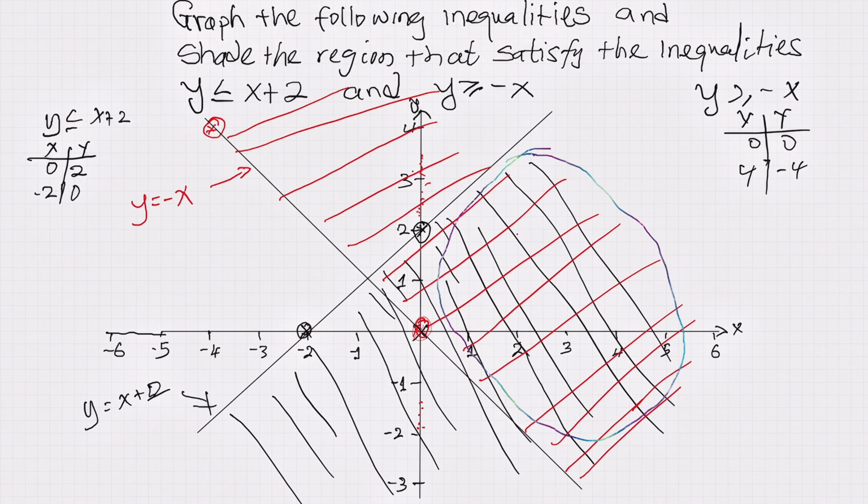Because in this section, you have y less than or equal to x plus 2, and also y greater than or equal to negative x. So those intervals all lie on this region. This is the region that satisfies the inequality.